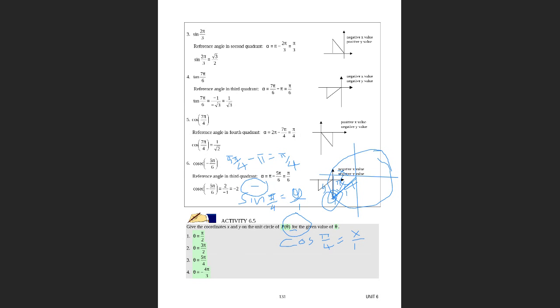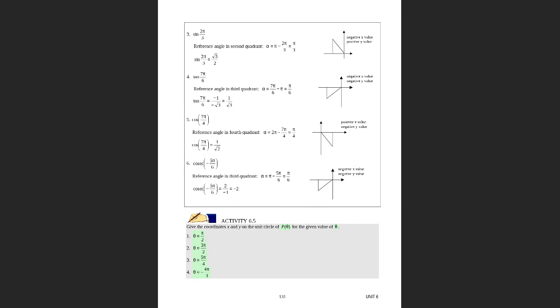Now, it's the same for the last one. First you have to draw your CAST diagram like this, where here is 0, here is pi over 2, here is pi, here is 3 pi over 2, and here is 2 pi.